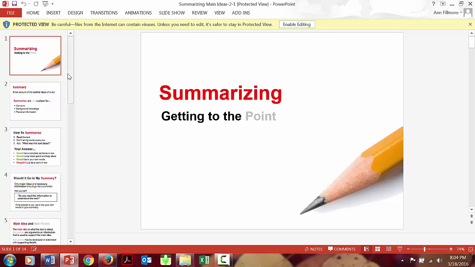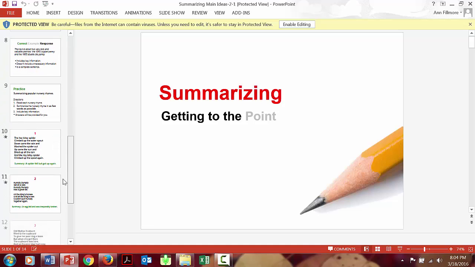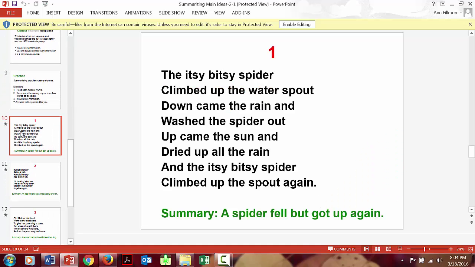You'll see it looks the same, but if we go to the bottom, the students wouldn't see the green one, but we would look at, say, some nursery rhymes just for a fun activity and then try to summarize it in one sentence, just the main ideas. So the itsy bitsy spider, the summary is a spider fell but got up again.